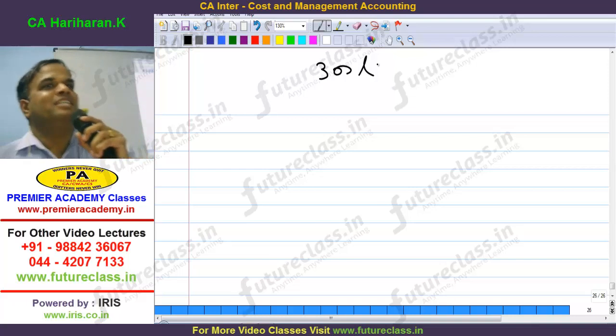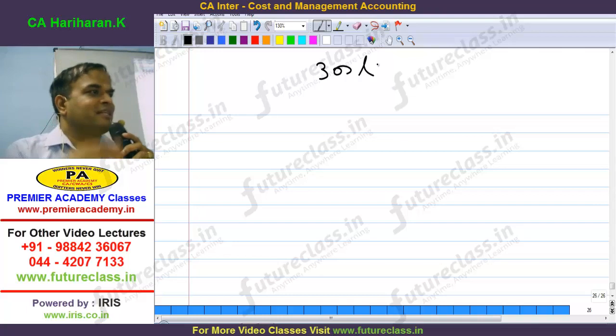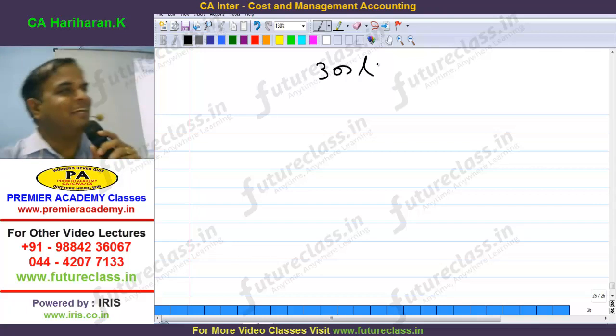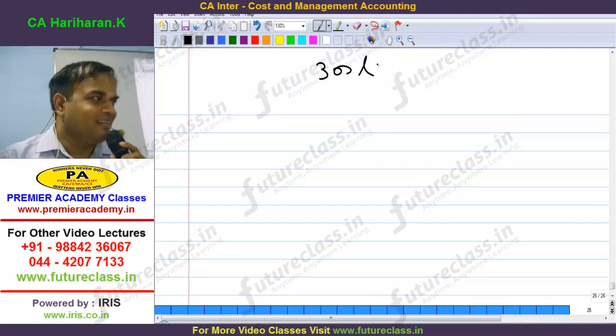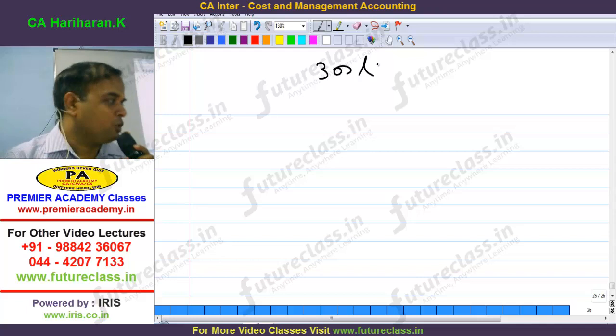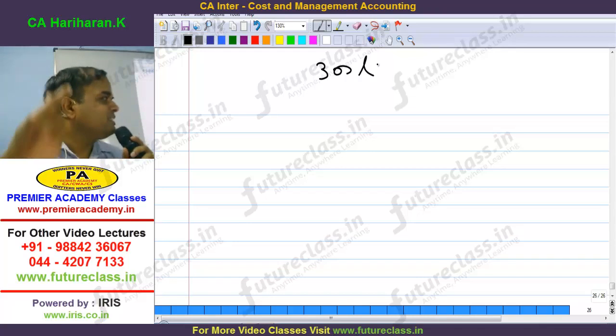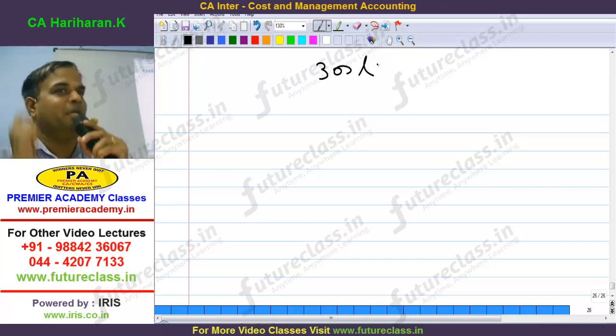If I am going to construct a house property worth 300 lakhs, you won't give the contractor the 300 lakhs up front. Nobody will give the money in the first stroke itself. Depending upon the completion, they are going to release the money. That is called progress payment.